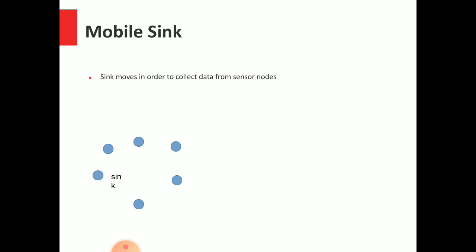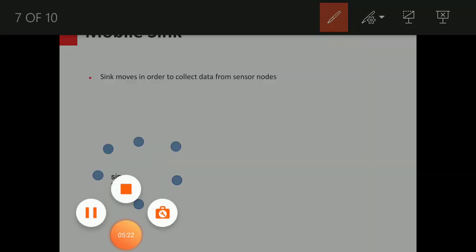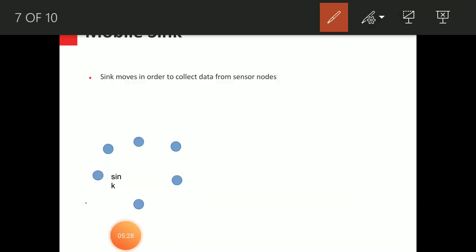In the mobile sink, the sink moves to deliver the query and gather the information through the sensor node. Then it moves to the next node. It gathers the data from the sensor node, then moves to the next node and gathers, and it works like this in the mobile sink.